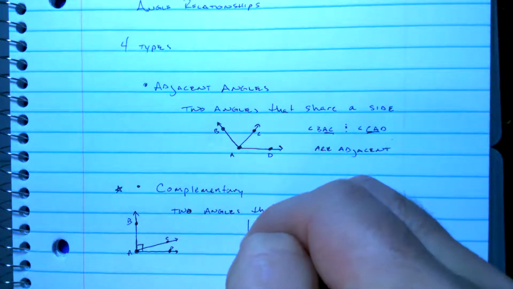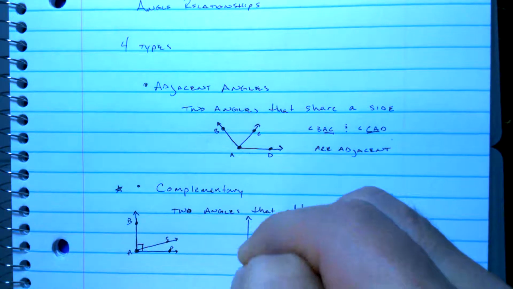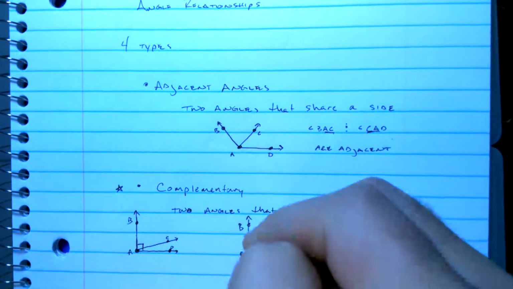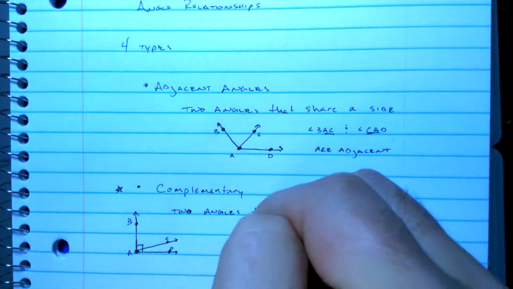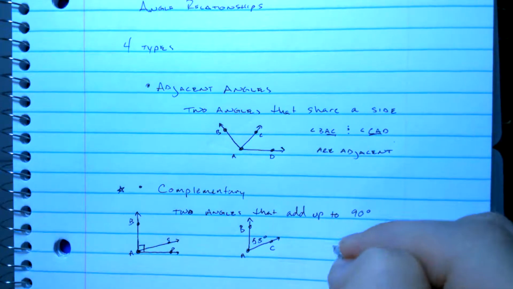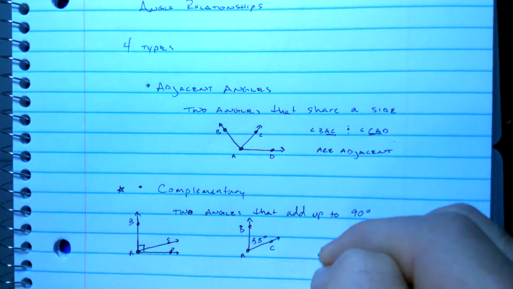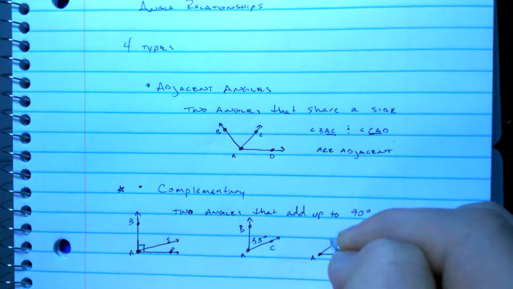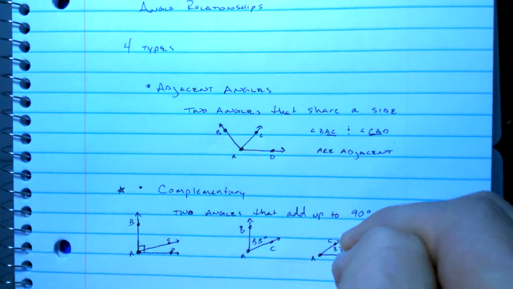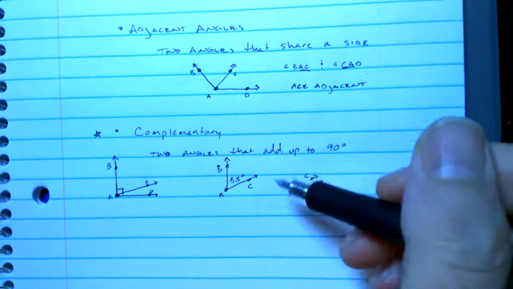But there are cases where we have something like angle ABC here, which is maybe 58 degrees. And then you could have another angle. So we have these two, BAC and CAD.